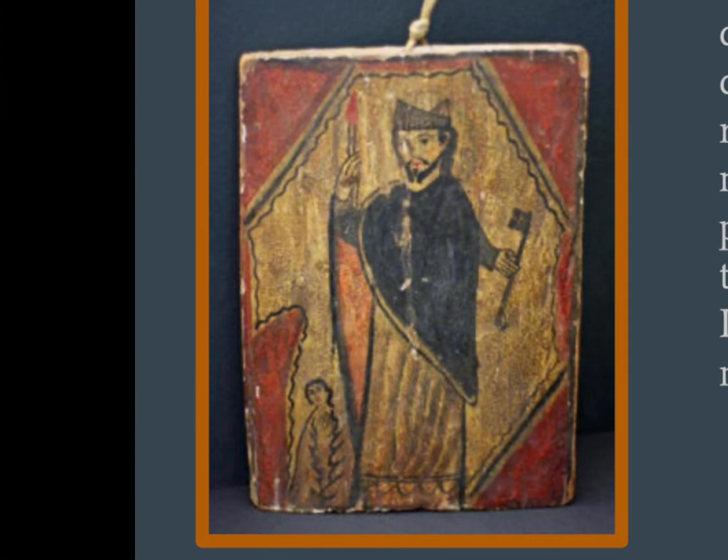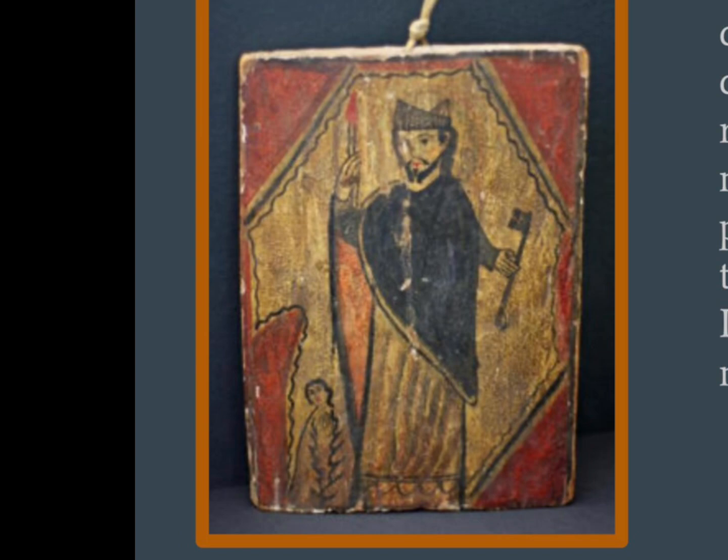And it has props in this picture. The left hand is holding up a blessing gesture, raised over his ear. And the right hand is holding something like a stick. Maybe it's a staff used to represent discipline or punishment.